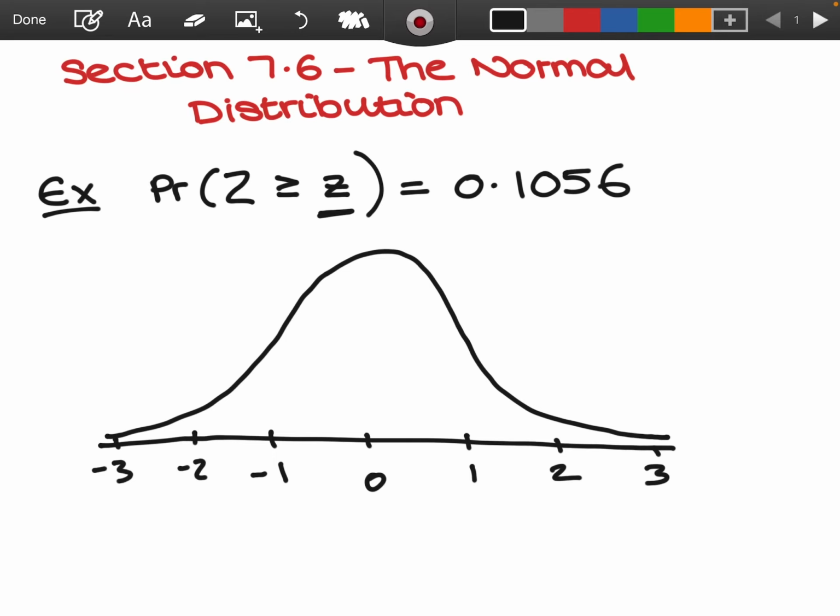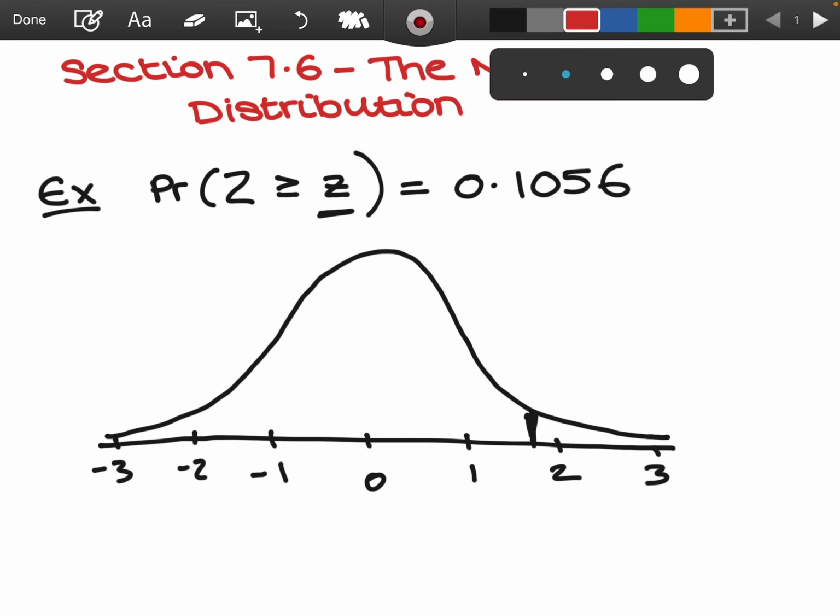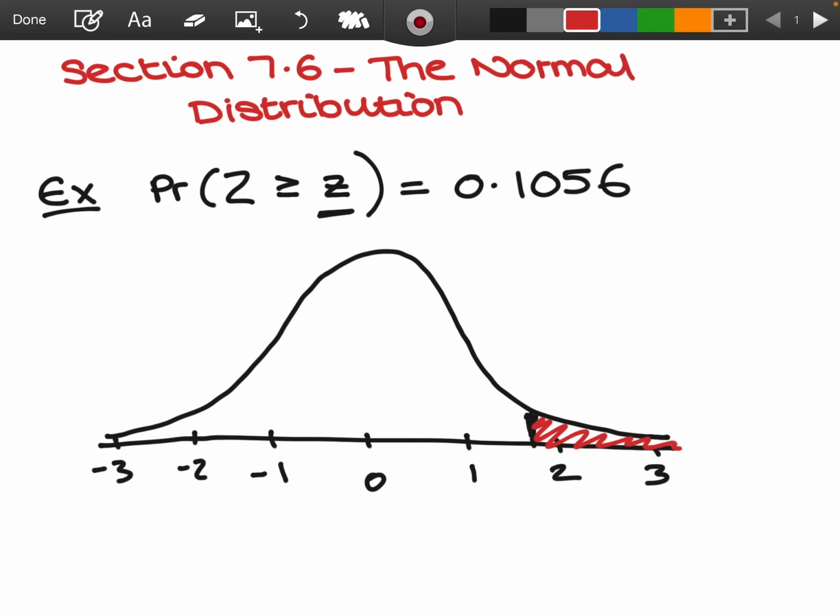And then it says that the probability that z is greater than or equal to this particular value is 0.1056. So I'm guessing z is going to be somewhere around here. I'm not sure which side of 2 it's going to land on, but we know that roughly 1/10 of our curve, so 0.1056, should land above that value.